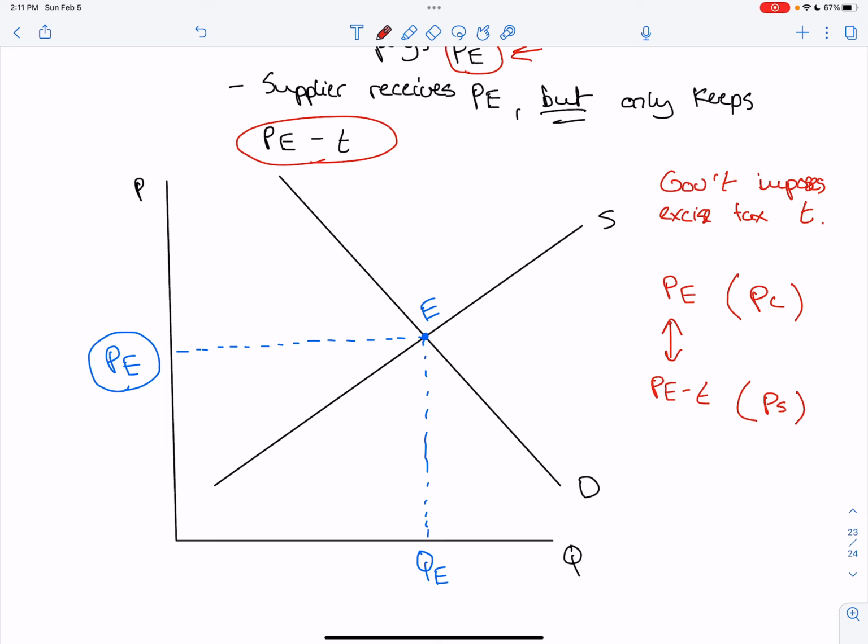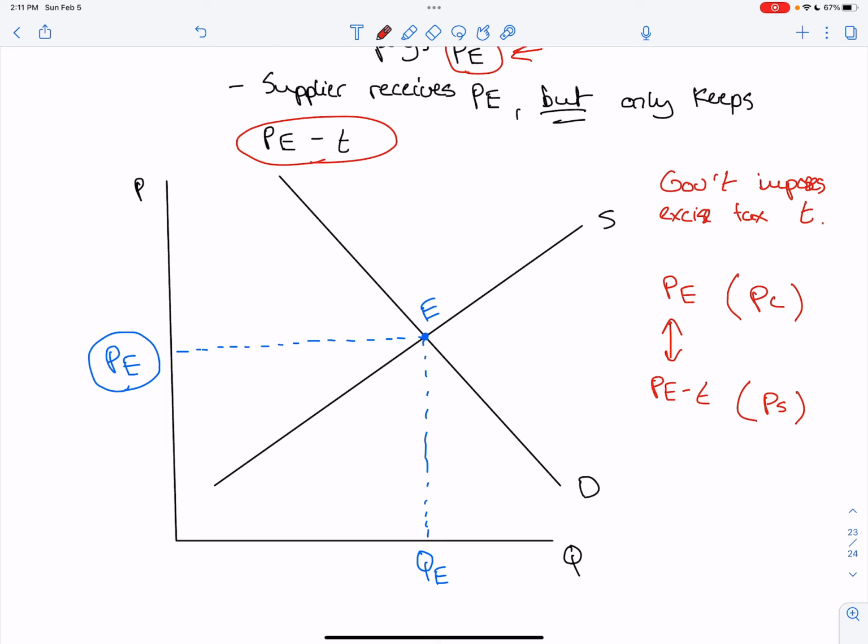Okay, now, how do we actually figure out what the supplier and consumer prices are? Well, it all stems from the fact that when the government imposes the tax, the supply curve will shift to the left. Why will the supply curve shift to the left? Because for every price along this axis, the supplier is going to get to keep less of it than she would have before.